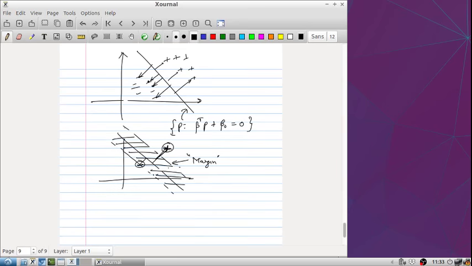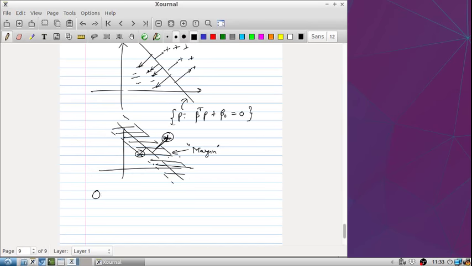So what I'll do is try to write down an optimization problem where I can maximize the margin. Let's call the one-sided band m, so the margin is equal to 2m, because it's twice the one-sided band.